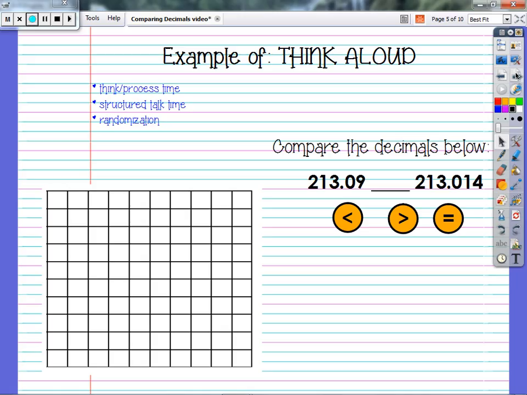So again, we're going to go over this problem together. I'm going to give you guys 30 seconds to talk to your partner about what's the very first thing that we're going to do before we start solving the problem. So I'm going to give you 30 seconds. Ready? Begin.